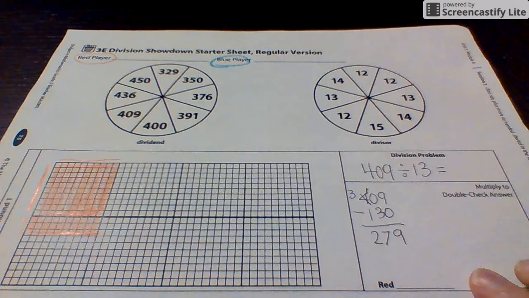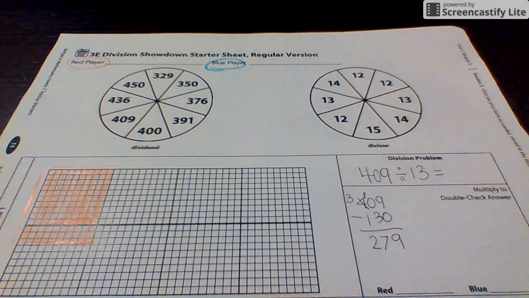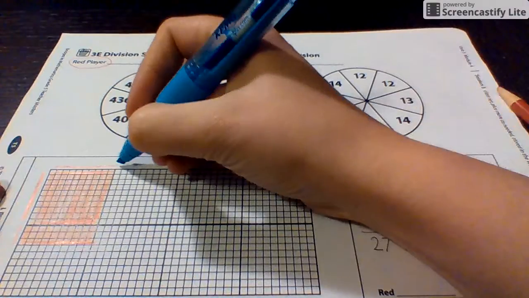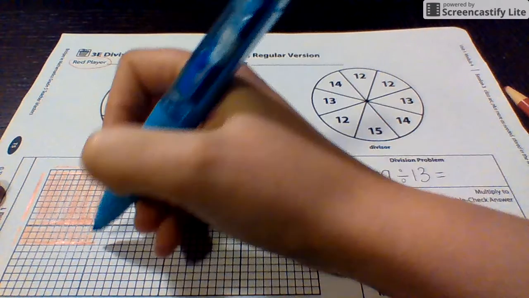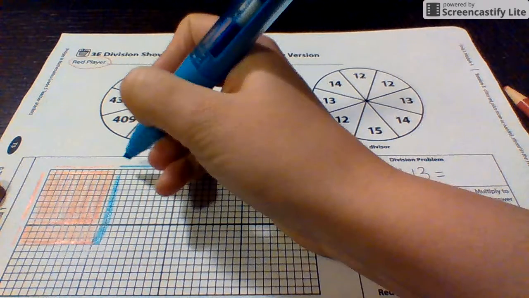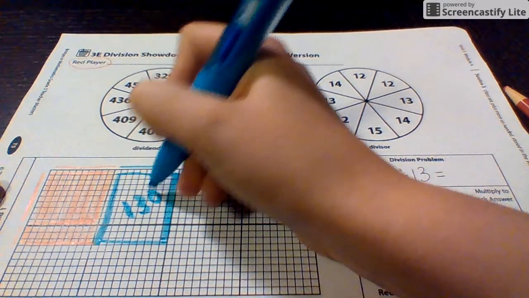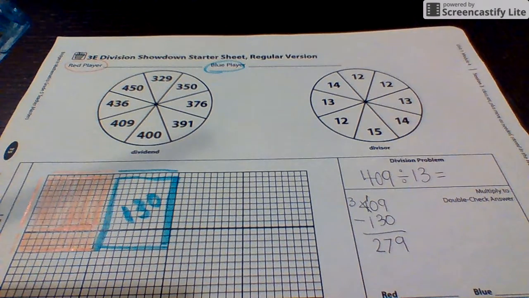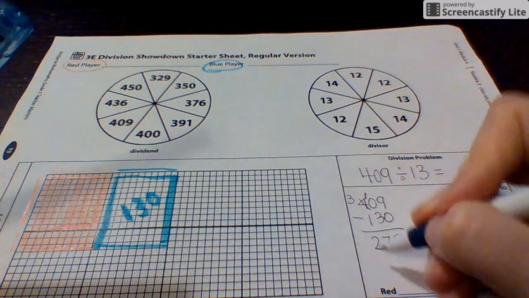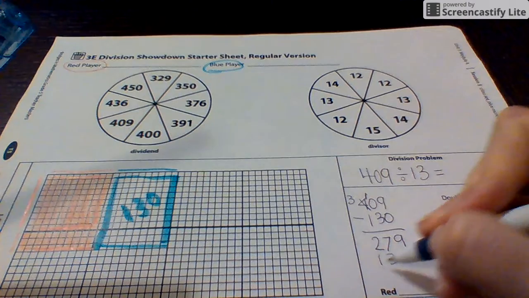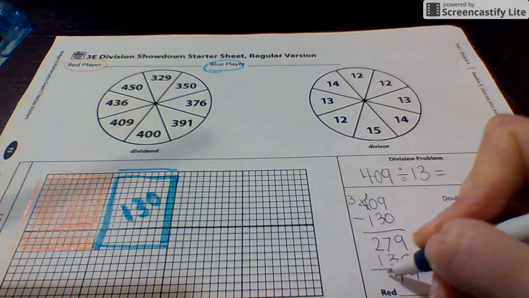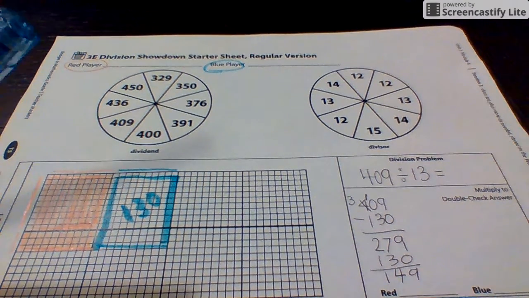So the blue player gets to do their group of 10. So the blue player gets the turn next. Going to do a group of 10. Color it in. They have their 130. They're going to subtract. So I have 279 minus 130. I still have one more group.